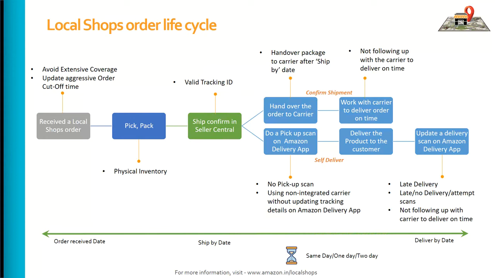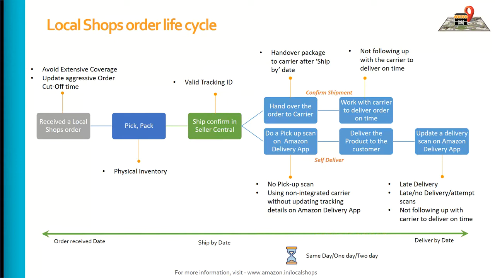Getting back to the order life cycle, once you enter a valid tracking ID, which is very important so that the customers are able to track your order, you'd be handing over the package to a courier partner. Just be cautious here, seller. You need to hand over the package to the carrier partner before the ship by date.